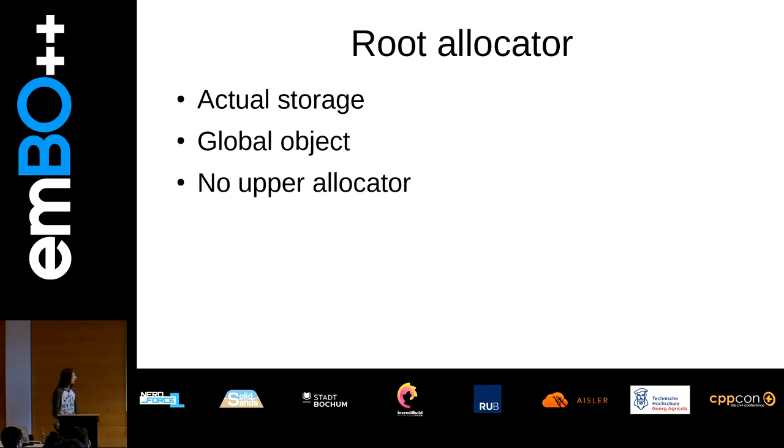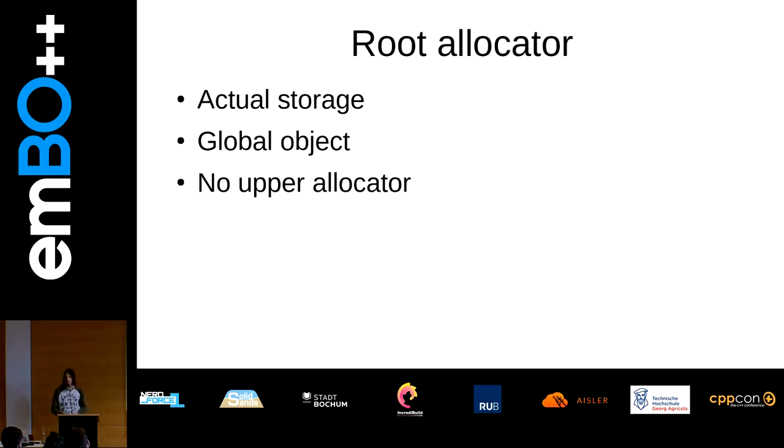Basically, you have a specific type which knows where to put the memory, and it doesn't have any upper allocators to ask for more memory. For instance, it could be a pool, and you put the pool either on the stack or in global storage or on the heap if you want. That basically goes in the same place as the head pointer will go, just in the allocator object itself.